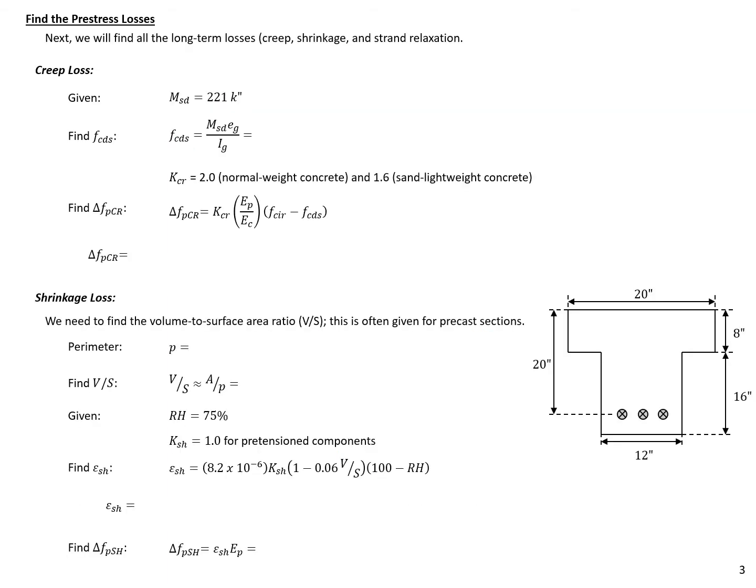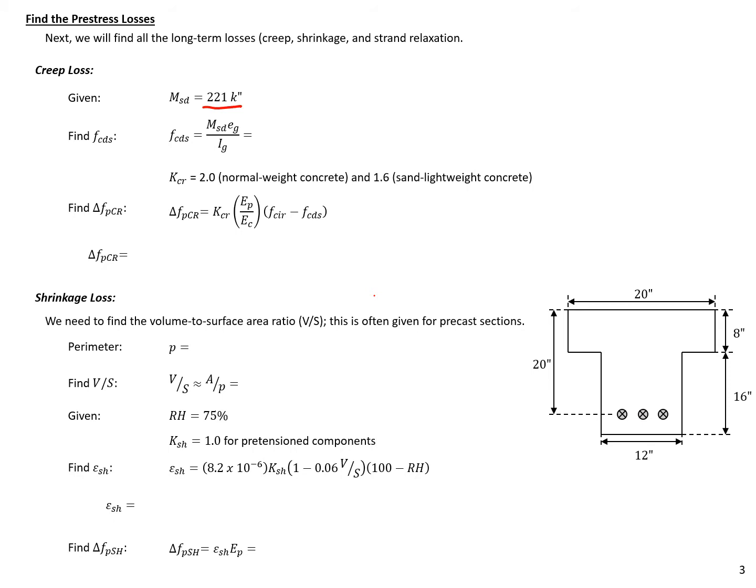Next, we need to find our pre-stress loss due to creep and our pre-stress loss due to shrinkage. We're given our moment from our deck load, or our superimposed dead load here, of 221 kip-inches. So we can use that to find the stress at the centroid of the strands due to this moment.